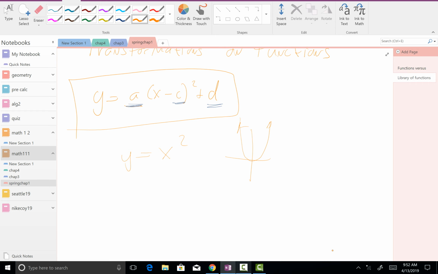So this is our normal parabolic curve right there. Then, once you have all those, just play around with the a's, the c's, and the d's, and notice what happens to the graph. Now, don't do them all at one time, obviously, because you're not going to see what each is doing separately. But go ahead and play around with that, and then we'll go over it all together. So this should take you a little over 5 minutes.